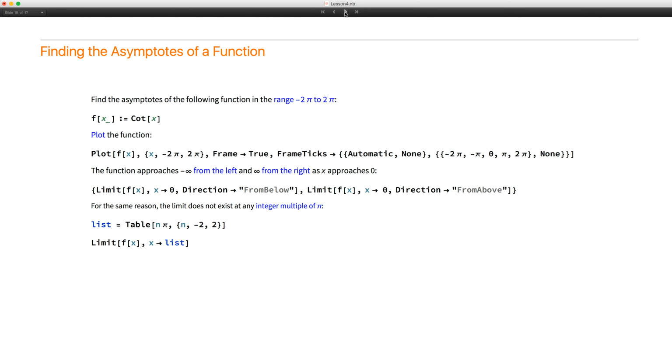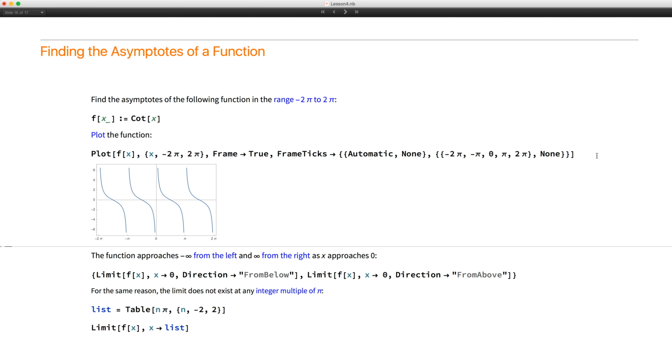Well, that's really a hard problem, but let's say I give you the cotangent function, and I said, find the asymptotes between -2 pi and 2 pi. What you could do is make a plot of the function.